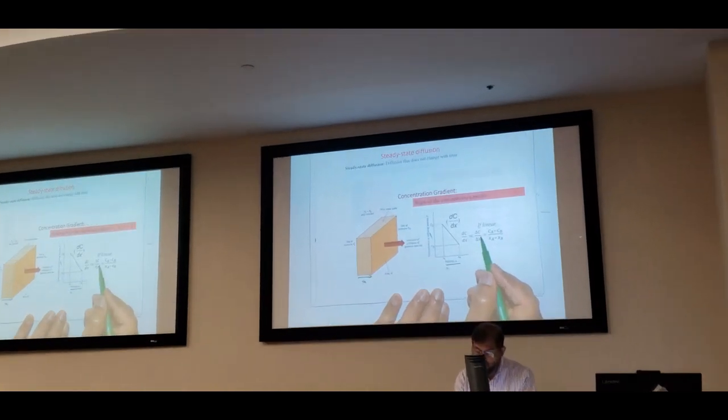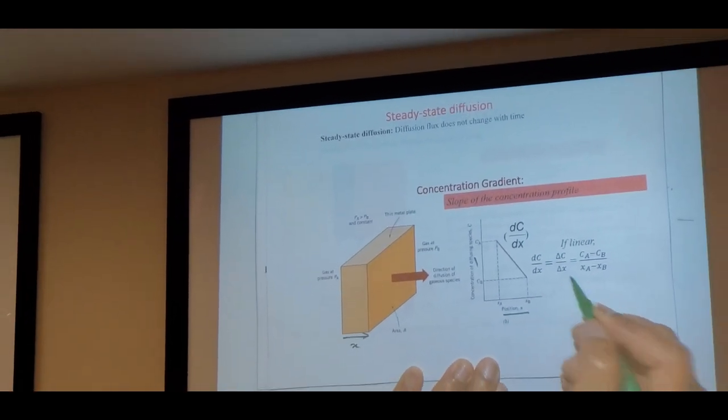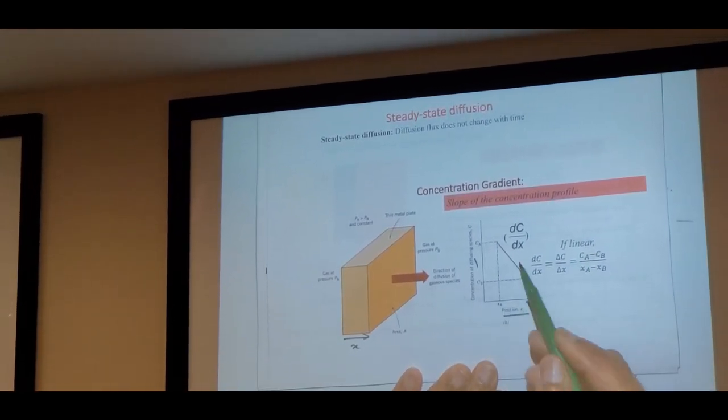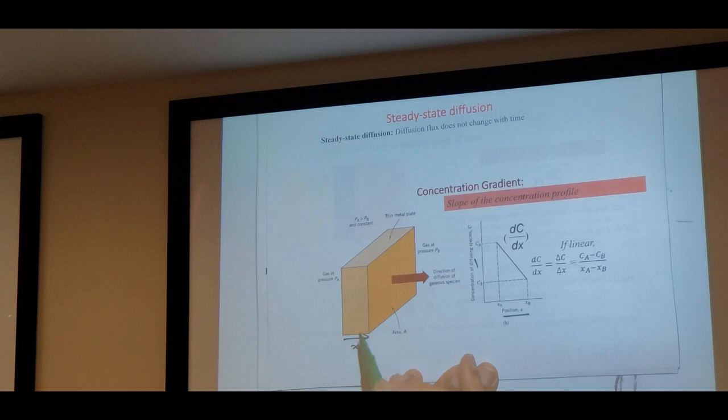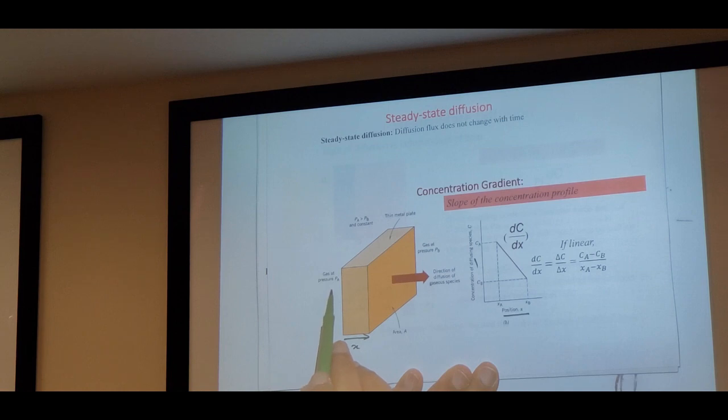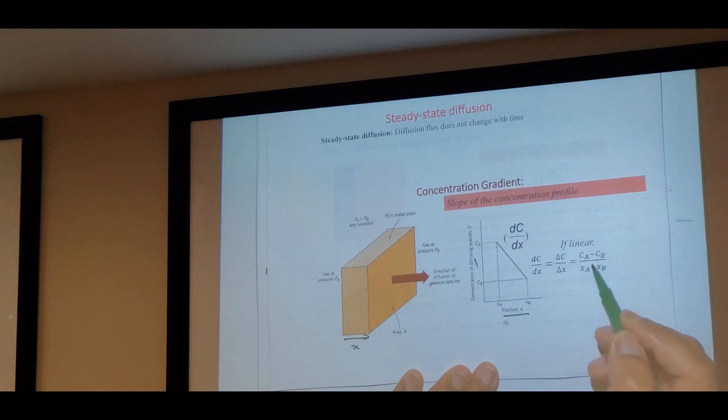That is delta C over delta X is equal to Ca minus Cb, that is the concentration of that species on this side at a higher concentration side, minus the concentration of species at a lower concentration side, Ca minus Cb over Xa minus Xb.